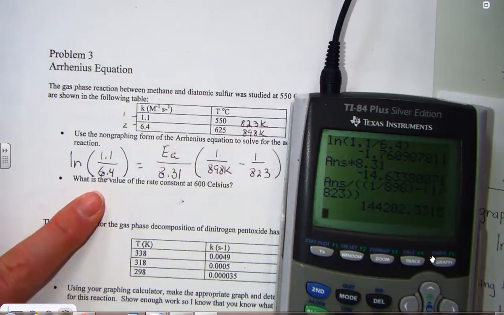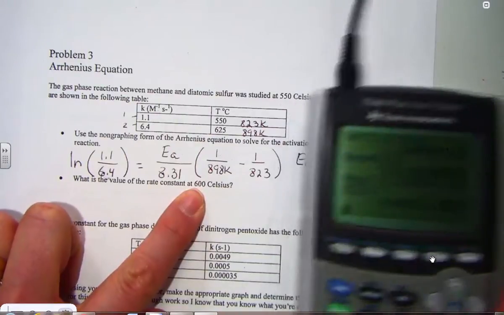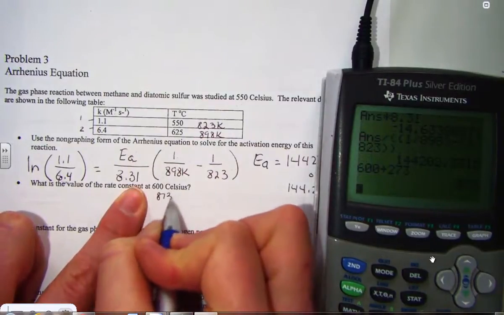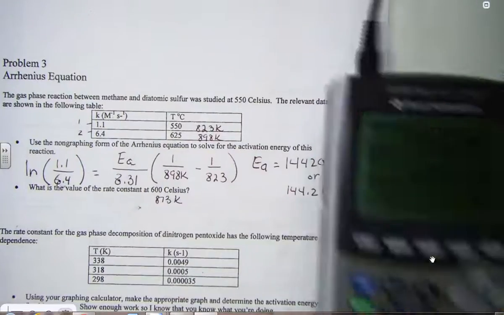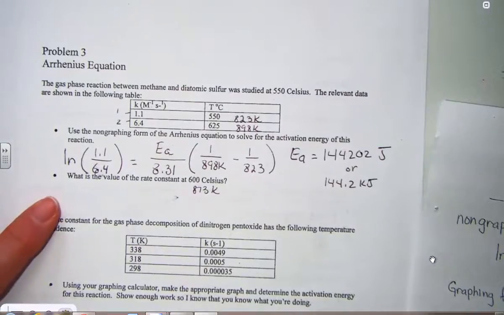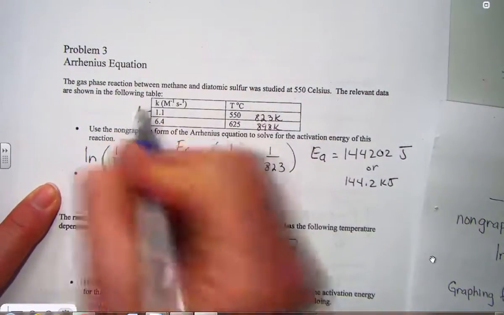What is the value of the rate constant at 600 Celsius? 600 Celsius. That's really saying 873 Kelvin. So now our algebra is going to target a temperature. We're looking for a rate constant. Let's call this trial 1.